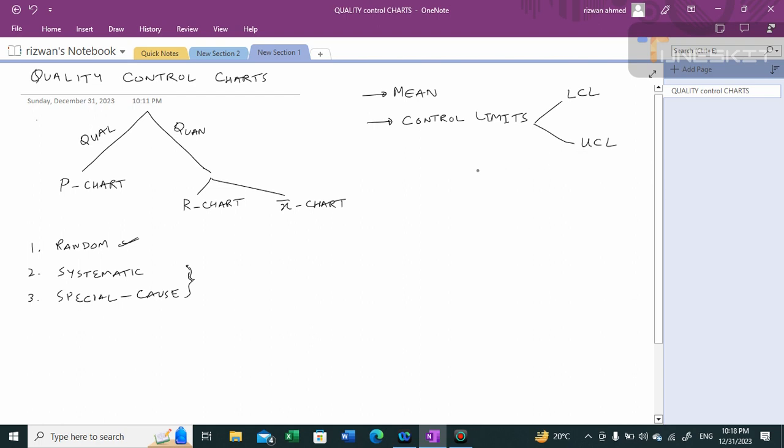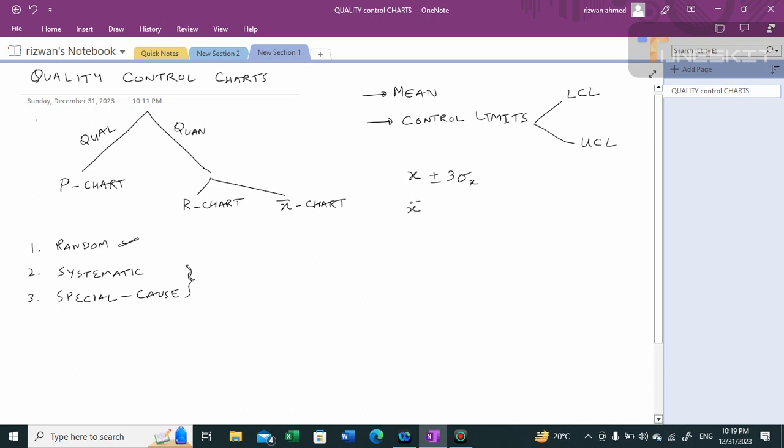And how do we determine the lower control limit and the upper control limit values? We apply the 3 standard error times rule in that case. So if our variable is x that we are observing, then x plus minus 3 times standard deviation of x helps us to identify an outlier.